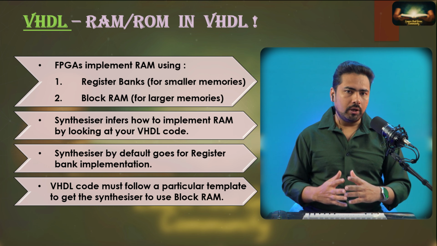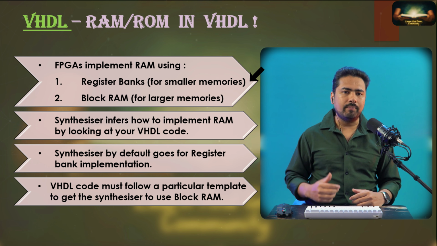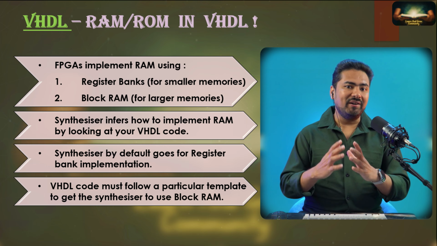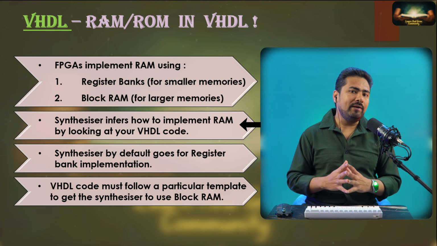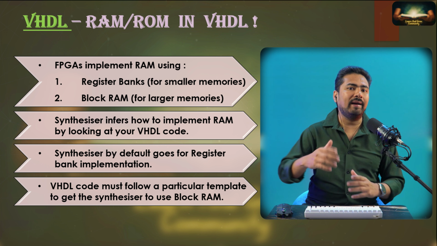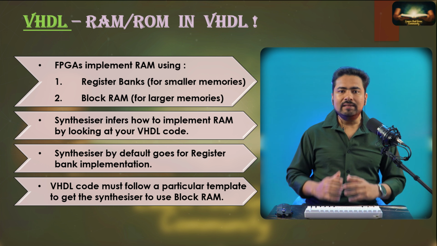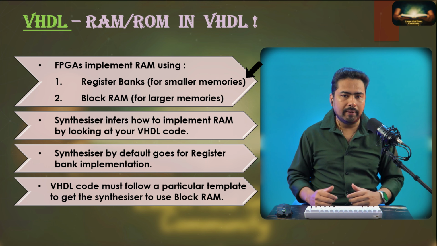In FPGA, data can be stored in two ways. Let's discuss the first approach. FPGA contains many registers, and the synthesis tool analyzes your VHDL code and detects some groups of registers to form a RAM module. These registers are grouped together to form a small memory.